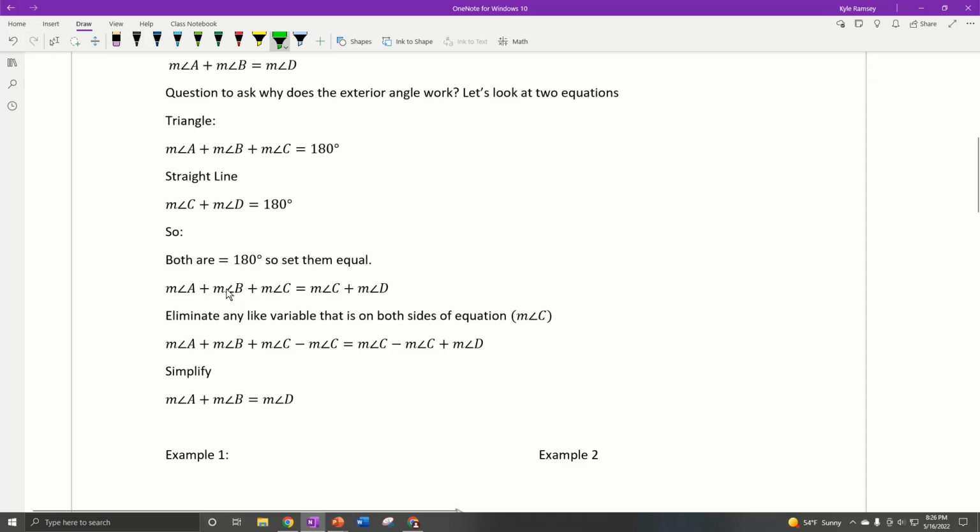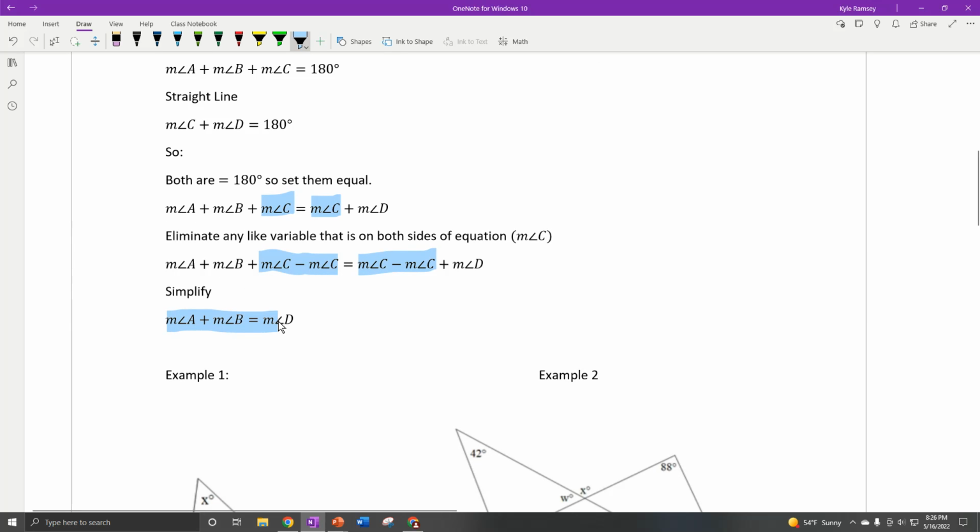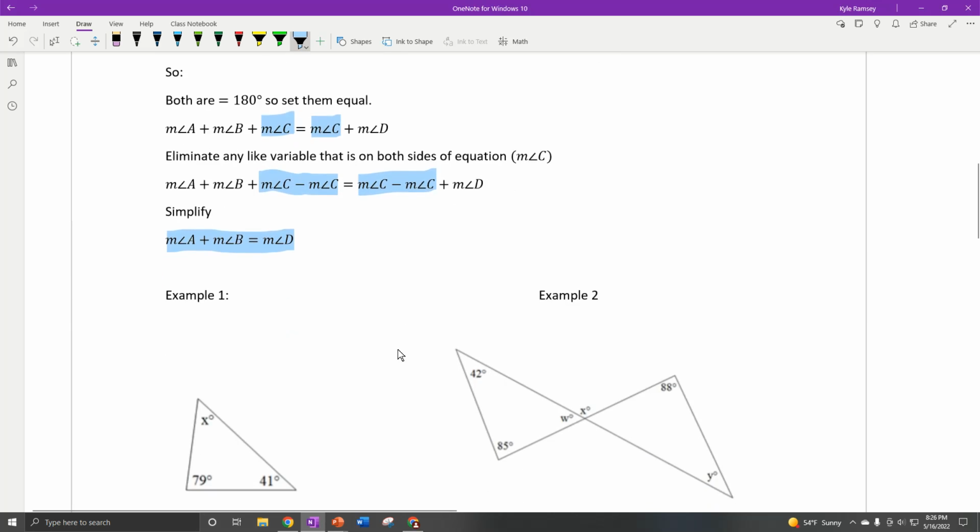So we have measure of A plus measure of B plus measure of C equals the measure of C plus measure of D. Notice that we have this measure of C in both areas, right here and right here. So we can just subtract it. As you see right here, we're subtracting the measure of C from both sides and simplifying to get what we have.